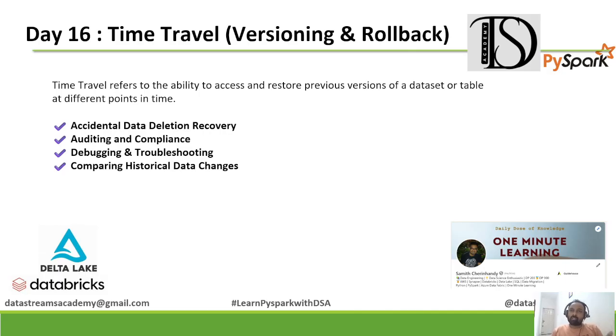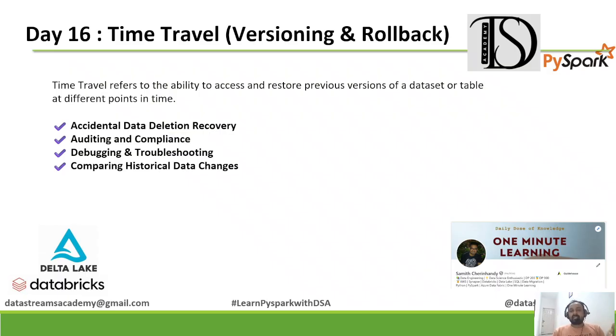Or you wanted to see when a change happened: you saw the data a month ago, and today you're seeing entirely different data. You want to know when this huge difference happened, what update happened. Troubleshooting how this happened and comparing the previous status and the current status, this is where time travel will help us.